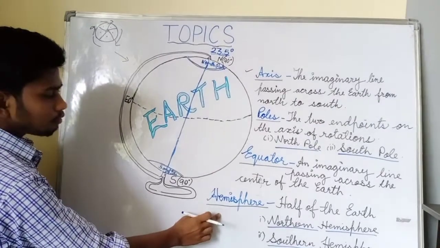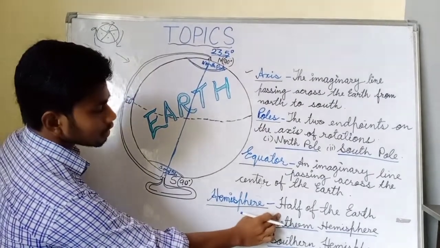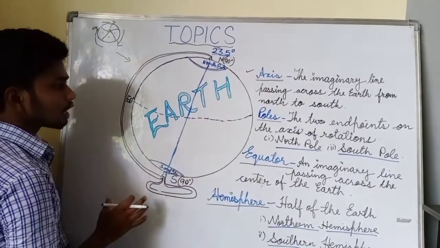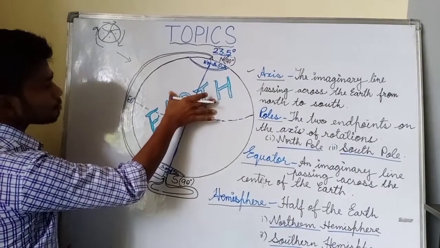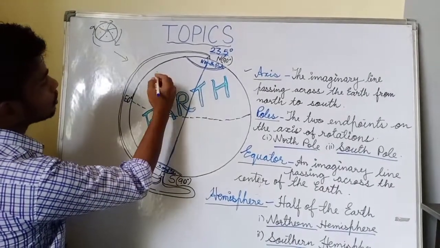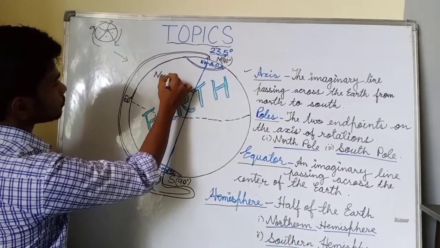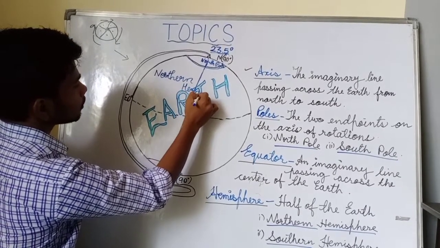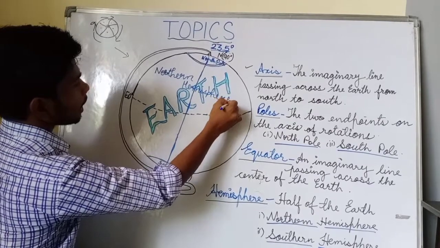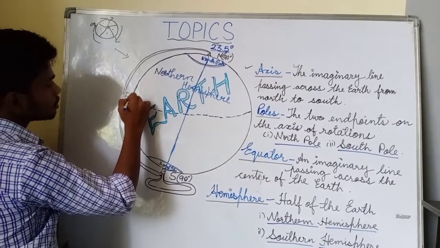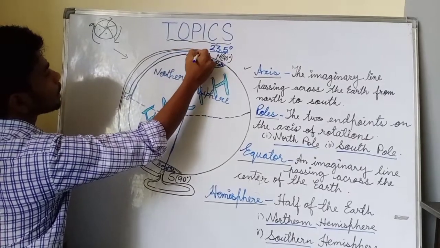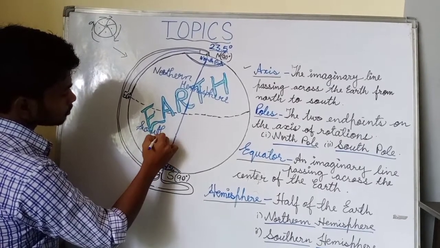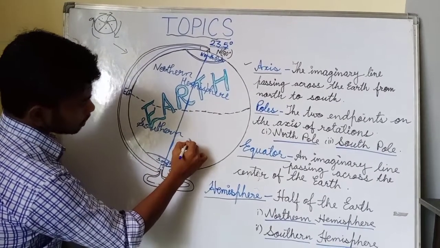Now we will come to the fourth point, the hemisphere. Half of the Earth is called a hemisphere. This half of the Earth and this half of the Earth are each called a hemisphere. This upper half is called the Northern Hemisphere, and it goes from 0 degrees up to here. Now we will see the Southern Hemisphere, which is here.